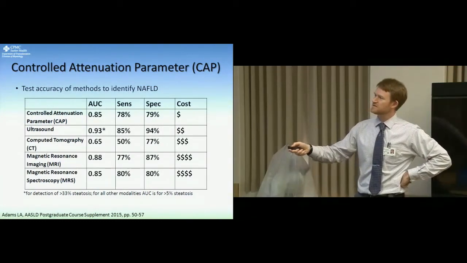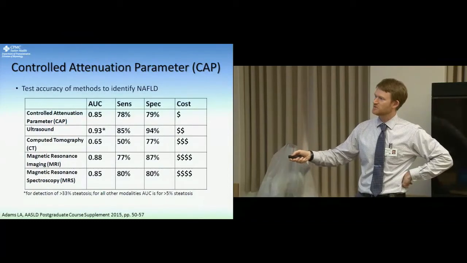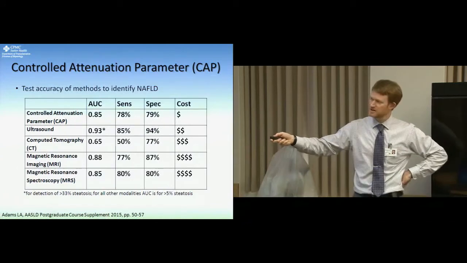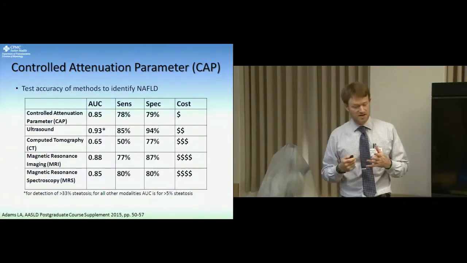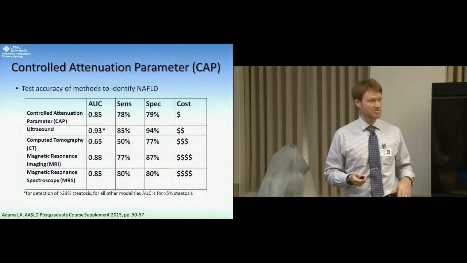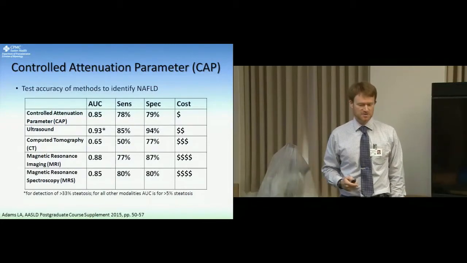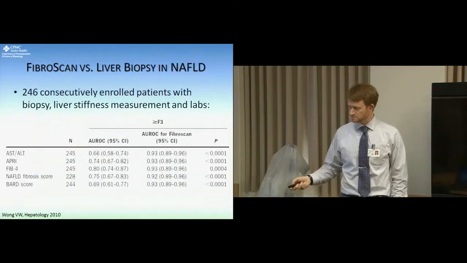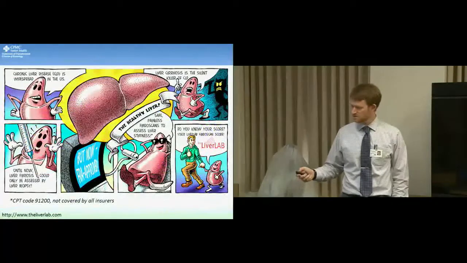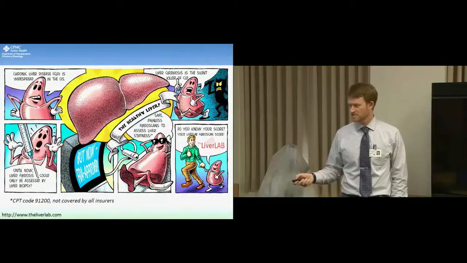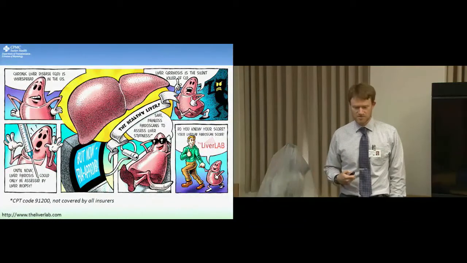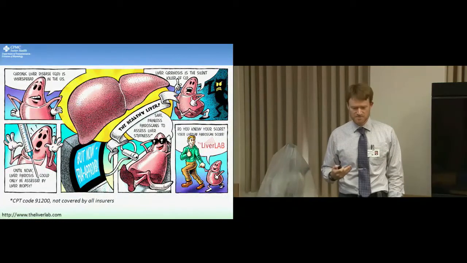But you can see here that CAP is good. It's almost as good as MRI. Again, they weren't directly compared, but it's pretty good. So we're able to say you do or don't have fat in the liver and how much based on the controlled attenuation parameter. Why might that be useful? Well, there's a CPT code for FibroScan, which is how we're able to pay for it.